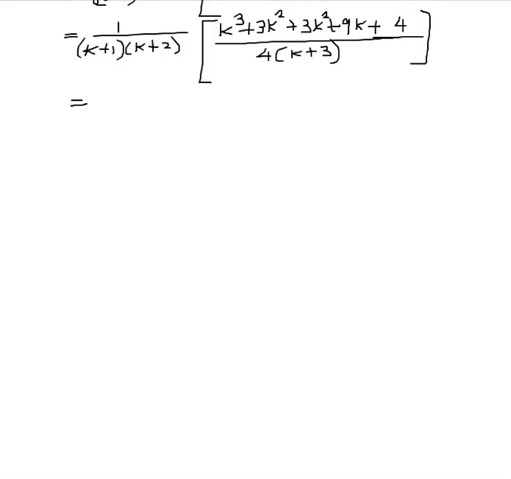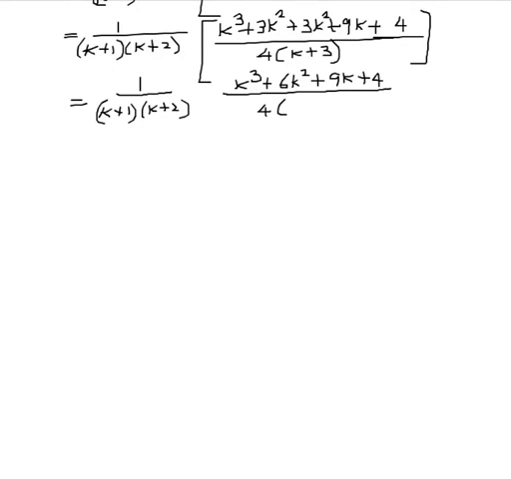Let us simplify this. k plus 1 into k plus 2. Here let us add the like terms. 3k square plus 3k square is 6k square plus 9k plus 4.